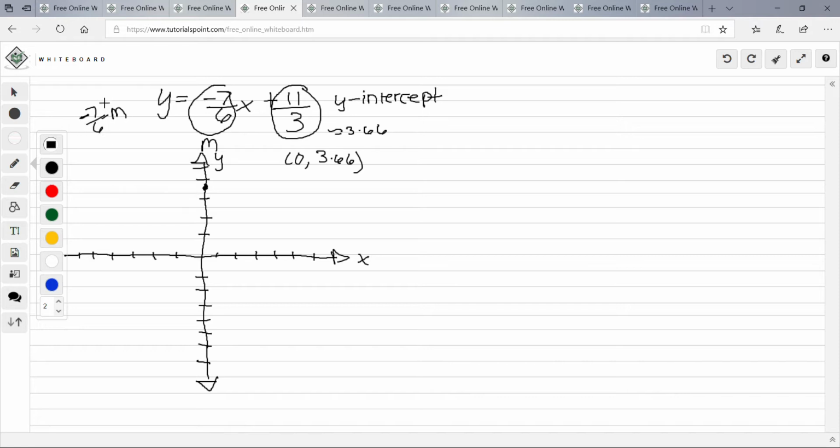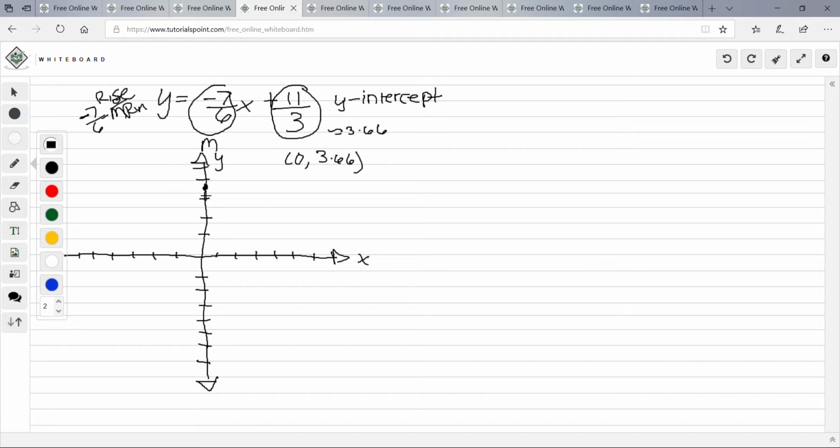This negative 7 is like the rise over run. What you can do is from 3.6 you could go up 7 and then left 6. Or you could go down 7, right 6. It doesn't really matter as long as you're going negative. You're going this way because it's negative, right?